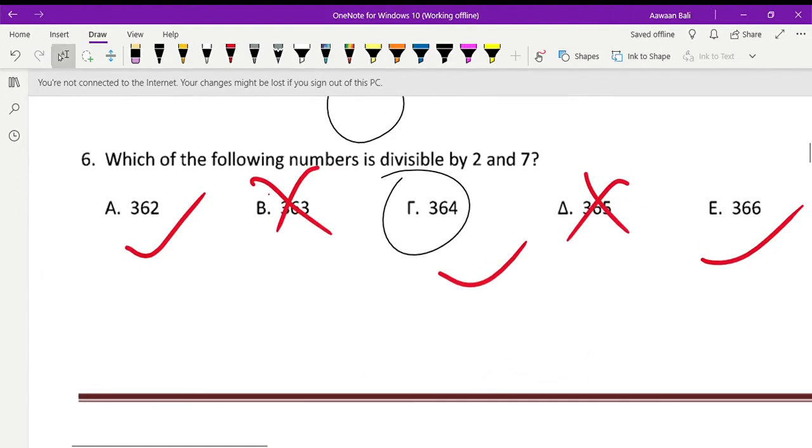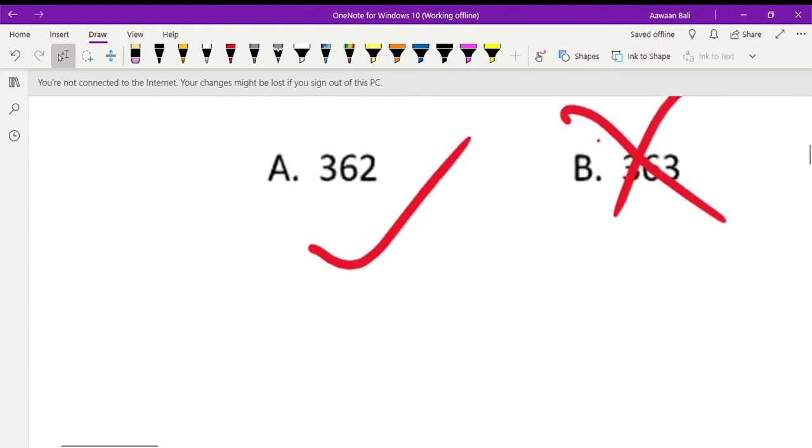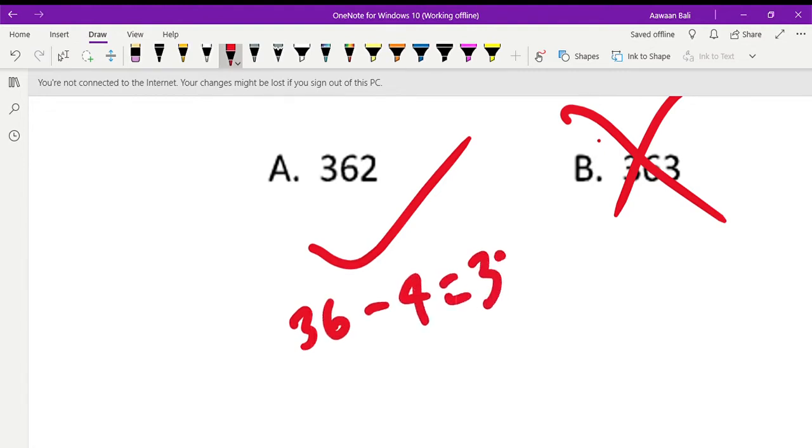Now, the divisibility rule of 7: let's start with the first number, 362. Double the last digit and subtract that from the remaining digits. So 36 minus 4 is 32.